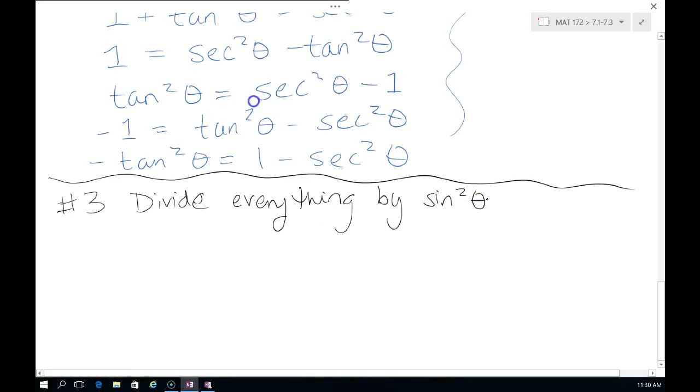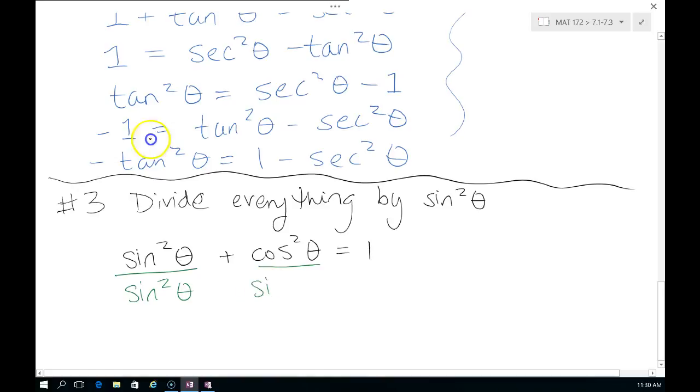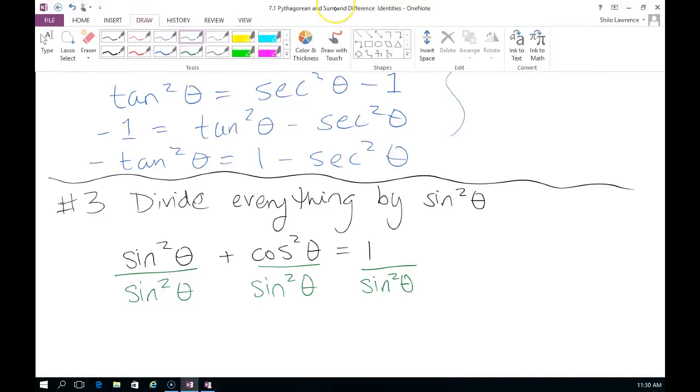So we're going to go back to the original Pythagorean theorem, and I'm going to go through and divide everything by sine squared and use either algebra or trigonometry to simplify all 3 of these terms. And that will give me my third and final Pythagorean identity.